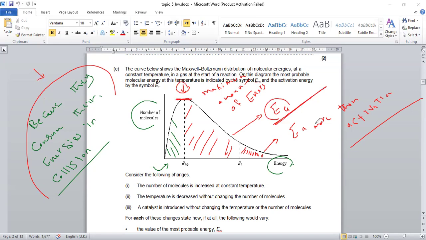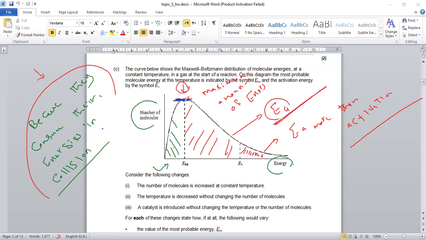Can I ask you a question? Dana, can you hear me? Yeah. Which area, when it becomes larger, will increase the rate of chemical reaction?